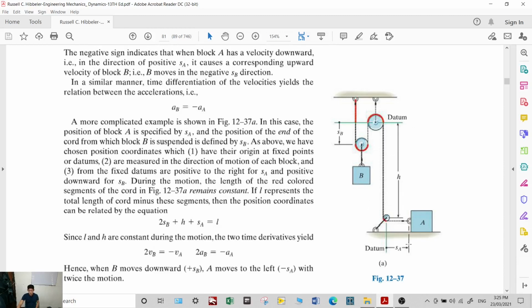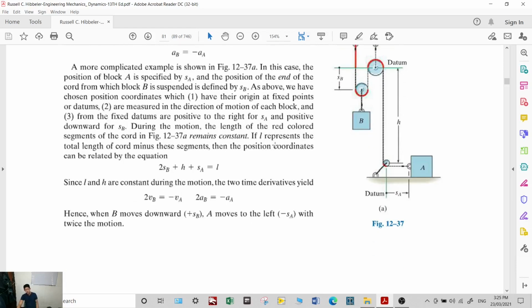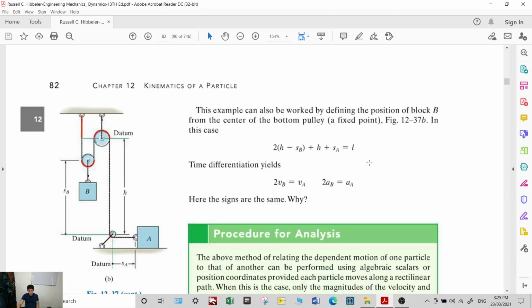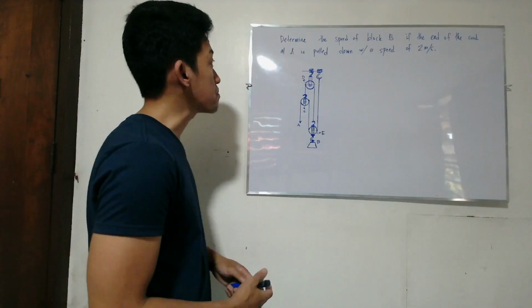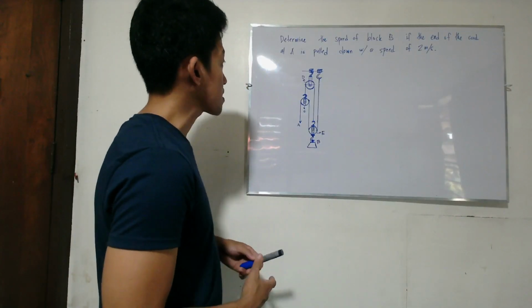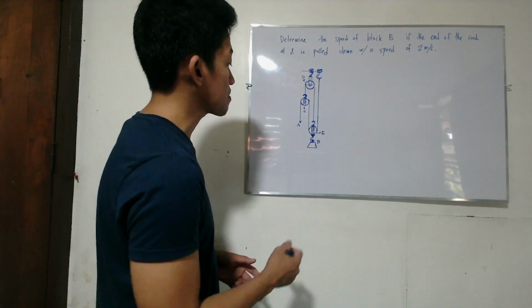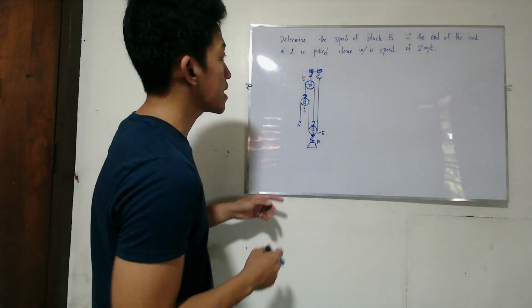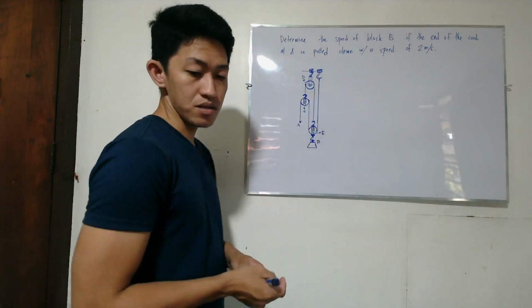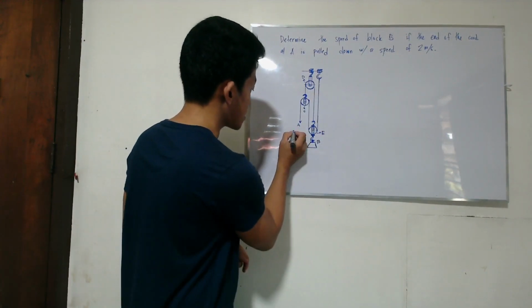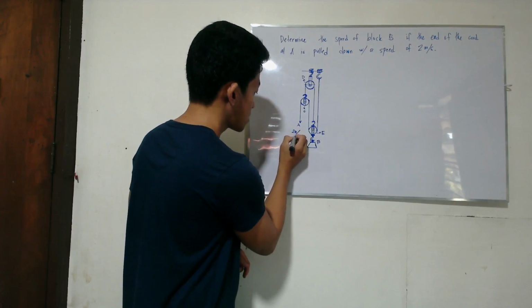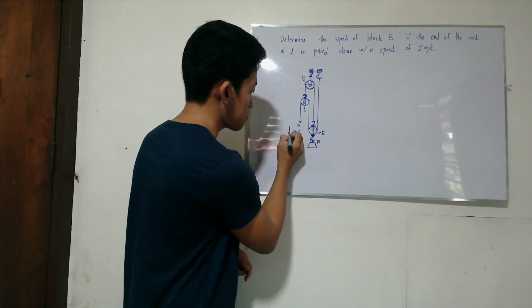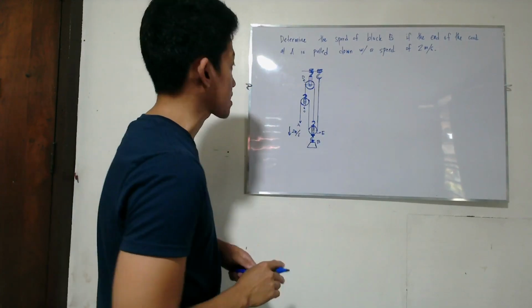Example: this one. We are asked to determine the speed of block B if the end of the cord at A is pulled down at 2 meters per second.